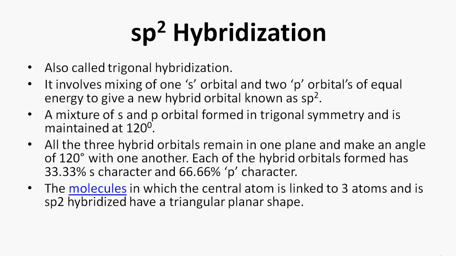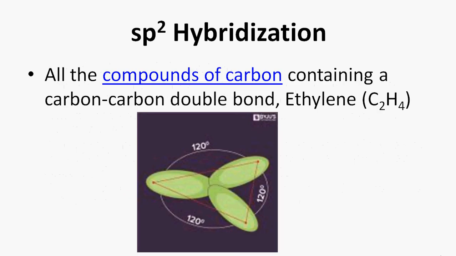P is double the s character. The molecules in which the central atom is linked to three atoms and is sp2 hybridized have a triangular planar shape. Already I have told that. You can see in the figure here, the example we have taken is the alkene ethylene, C2H4, with a double bond between the carbon atoms.